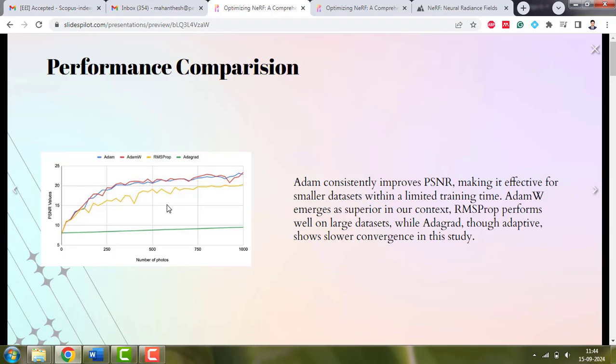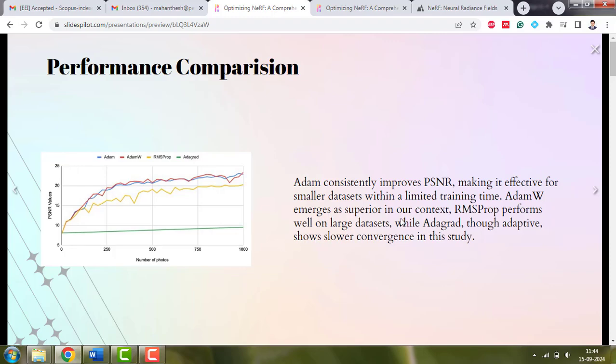We are able to see the blue one, which consistently improves, making it effective for small data sets. So as I already discussed, if you have small data sets, Adam is good because it's quickly improving. And also within a limited training time, Adam is very good.